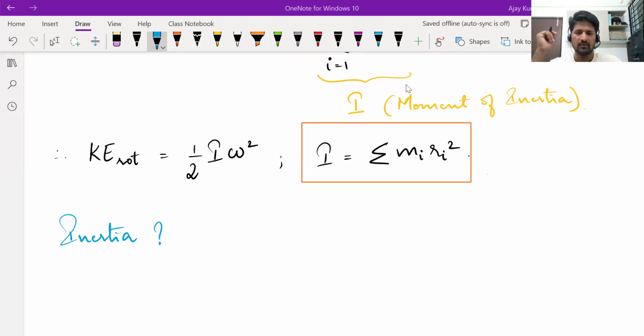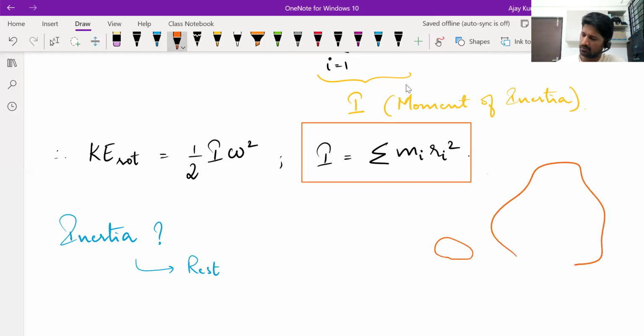One of you tell me, what is the measure of inertia of rest? Simple visualization. Suppose there are two objects. You can take one as a small stone, the other one as a big rock. Let's say both of them are at rest.